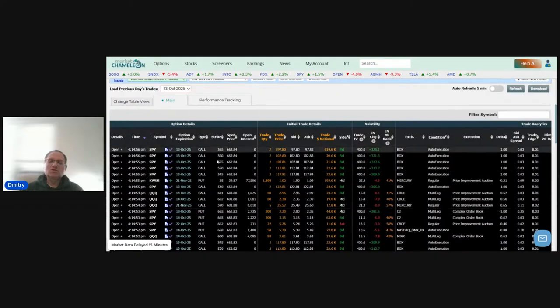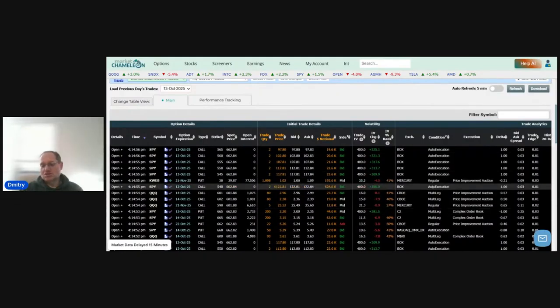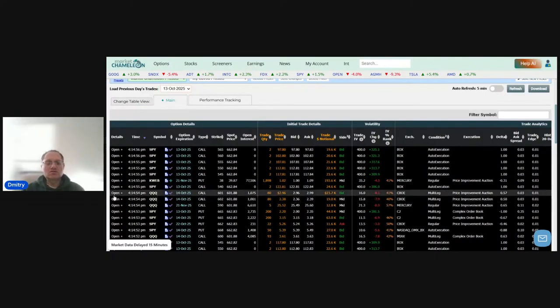In the screener, what you'll see is individual option trades that are reported by the open feed. As you can see here, like over here on QQQ, if I go from left to right, some of these trades are multi-leg. So here I'm highlighting multi-leg. This was a multi-leg. This was a multi-leg.